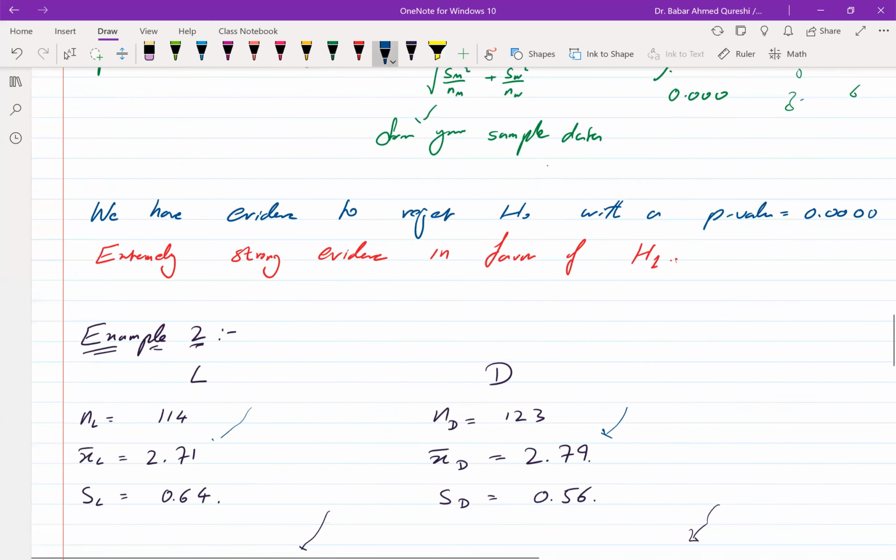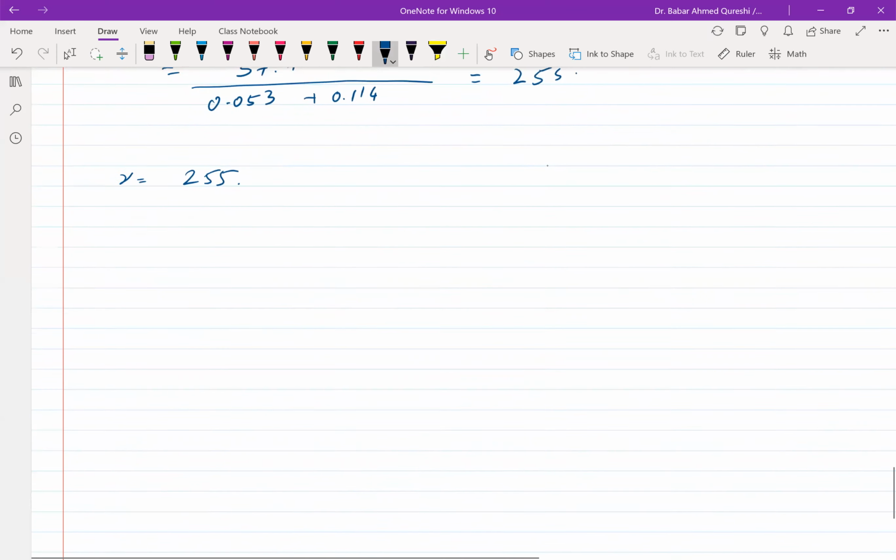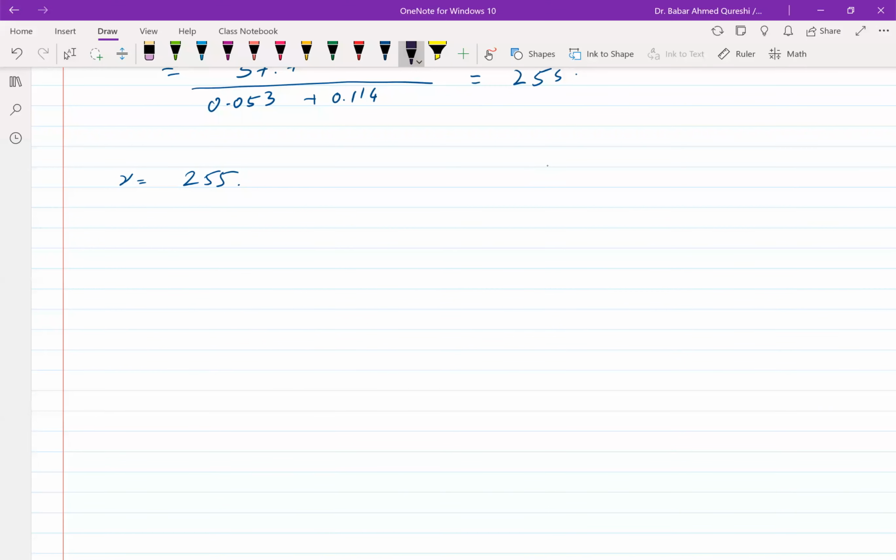So I'll be able to use those numbers. Now all I need to do, I can again compute the p-value.